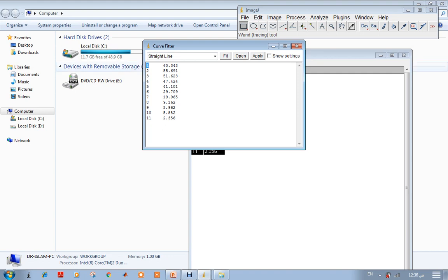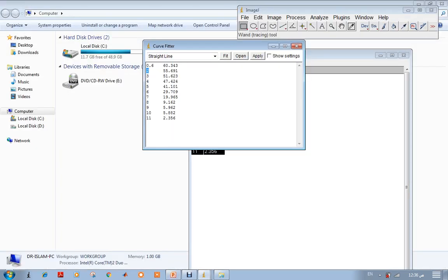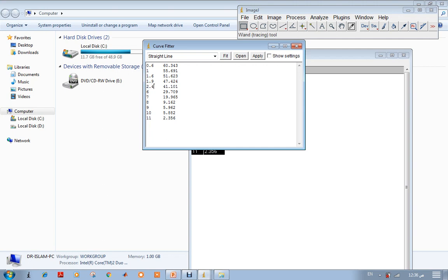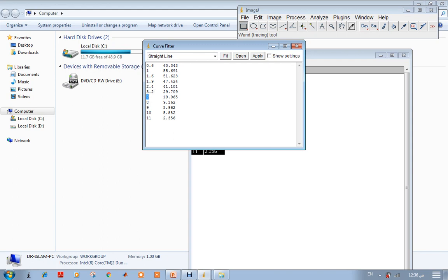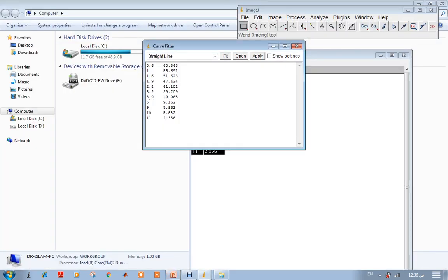Okay, in order to change: 0.6, 1, 1.6, 1.9, 2.4, 3.2, 3.9, okay, 5, 6.4, up to 11.3.